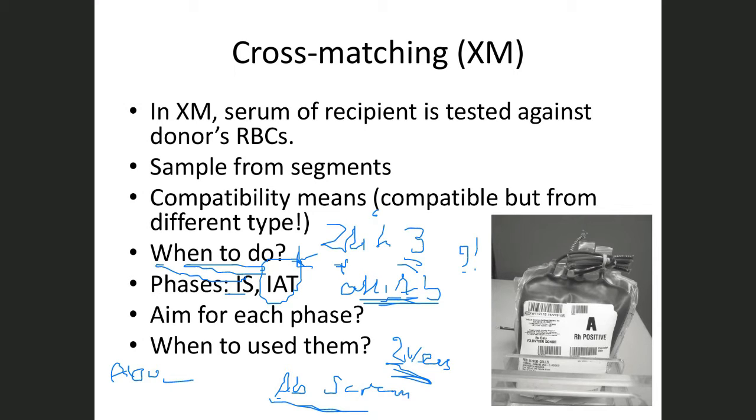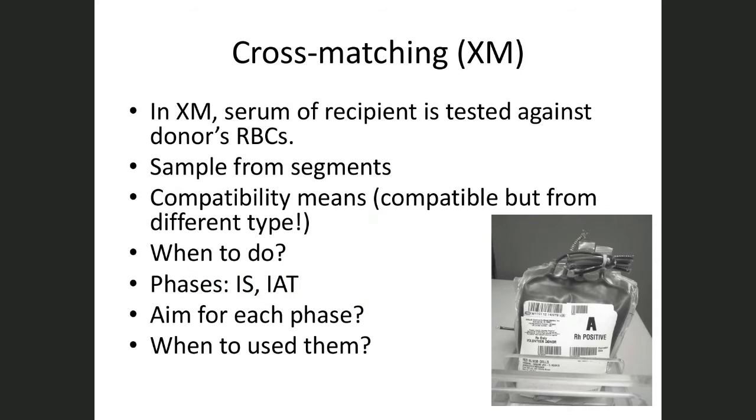Excellent. Because this patient already has a low antibody, maybe he produces another IgG antibody. So by immediate scan, I will not be able to detect it. So I have to do an indirect phase. So the phase depends on the patient condition.